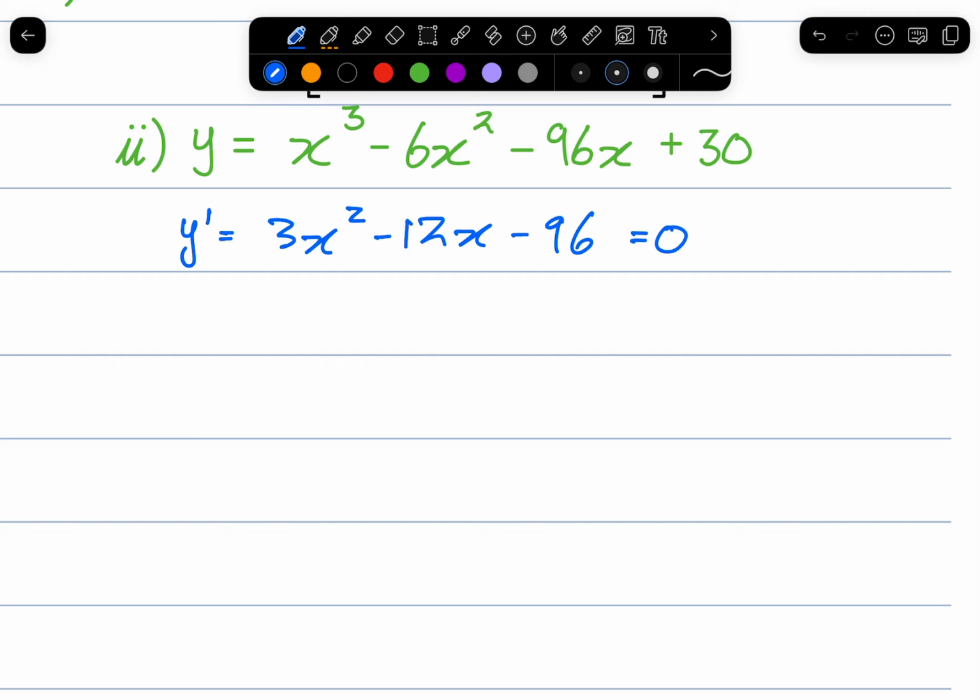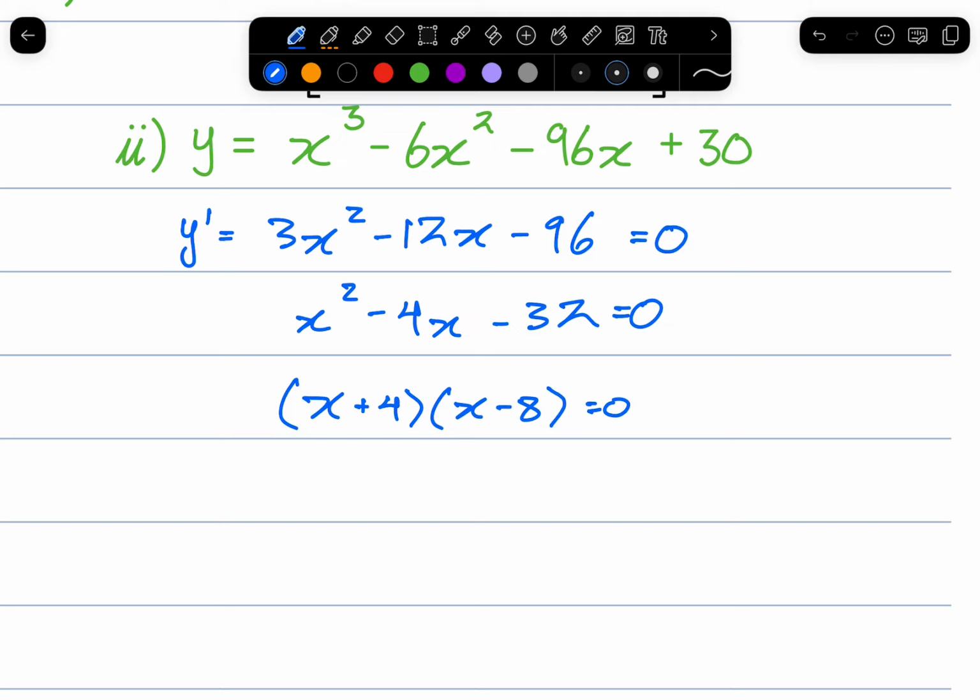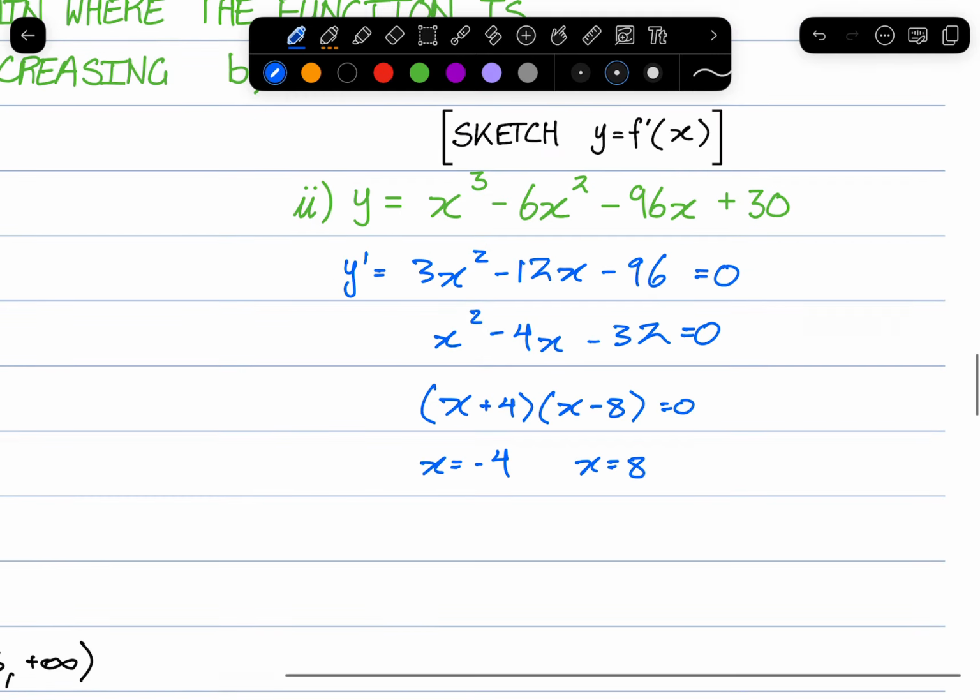But for this, I can see we can divide everything by 3. 96 divided by 3 is 32. And again, you can solve this using the quadratic formula, or in this case, I can see it's going to be +4 and -8, which gives our solutions, our stationary points, -4 and +8.